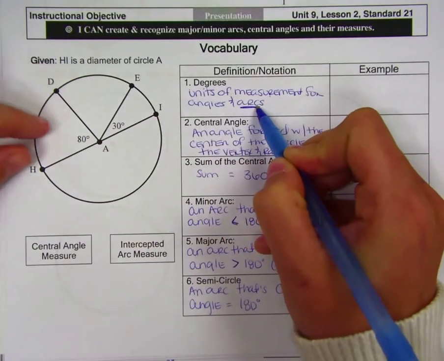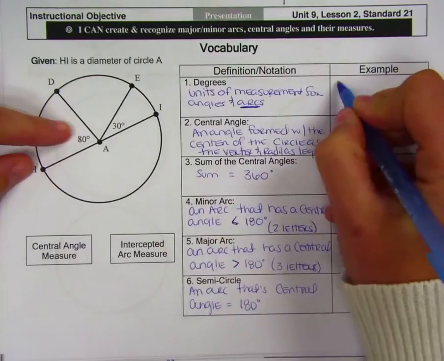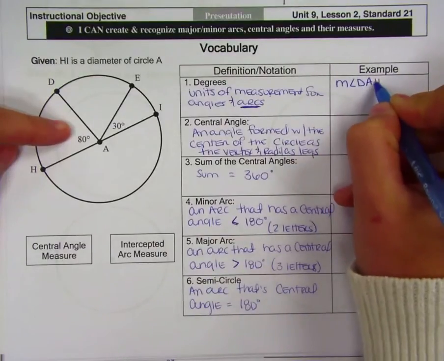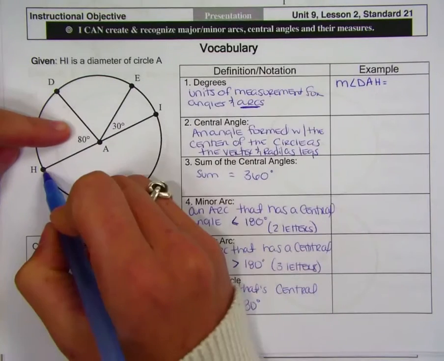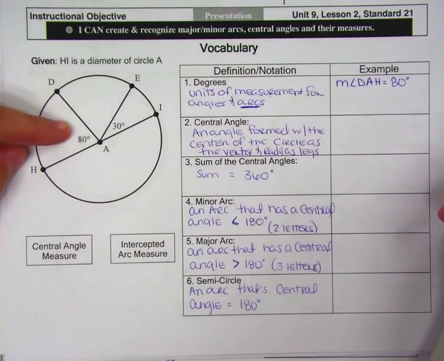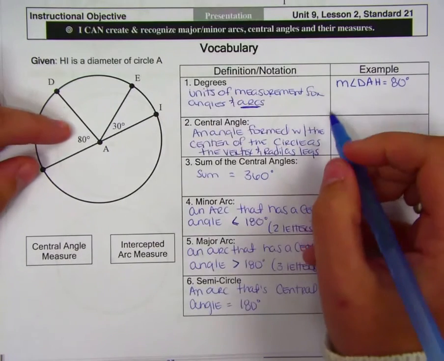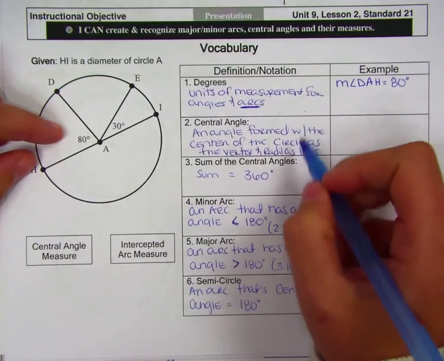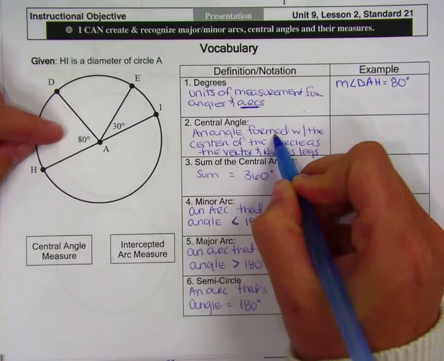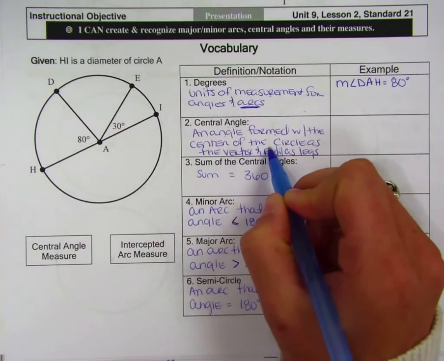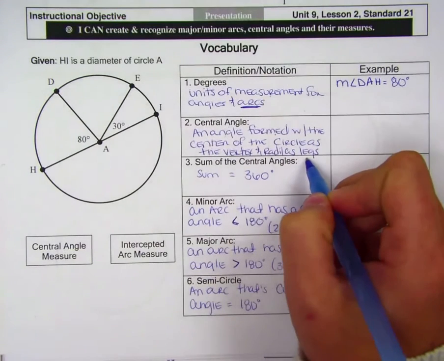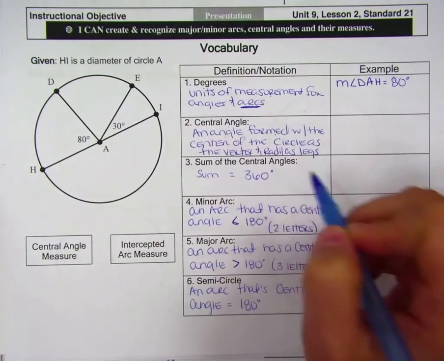We'll come back to this, but for example, the measure of angle DAH is, so DAH is 80 degrees. Okay, and then let's define central angles, and we'll continue and come back to the degrees. A central angle is an angle formed with the center of the circle as the vertex, and the radii are the legs.